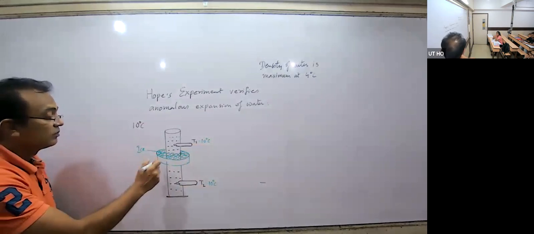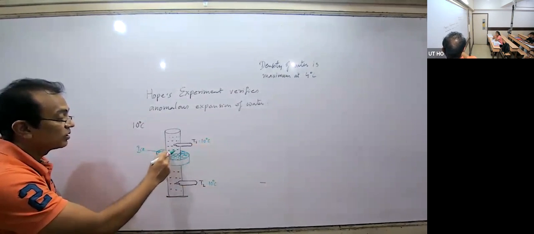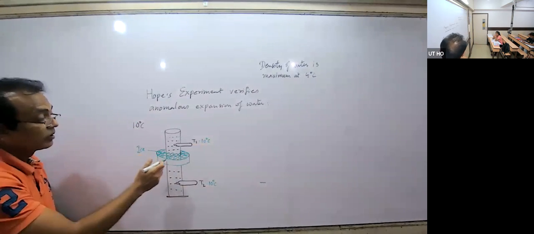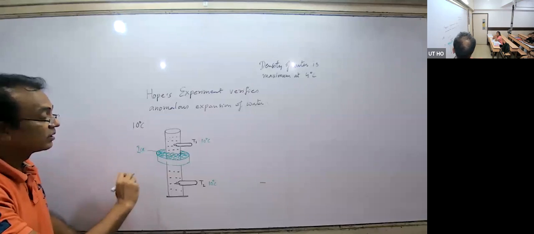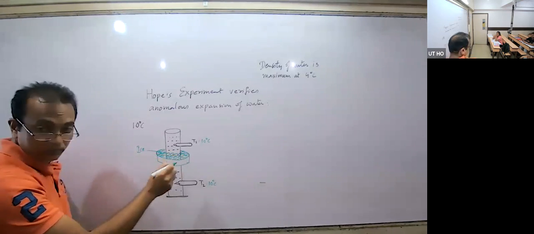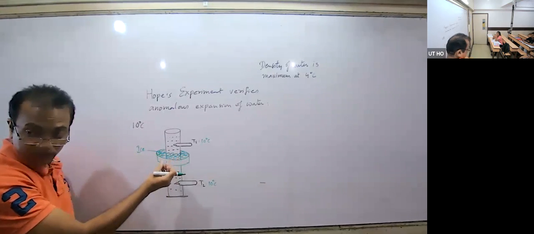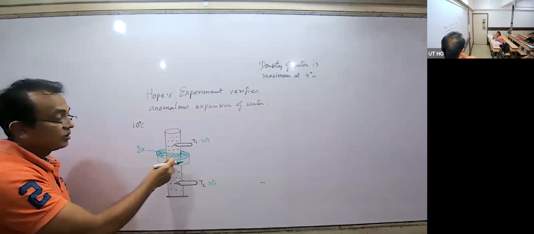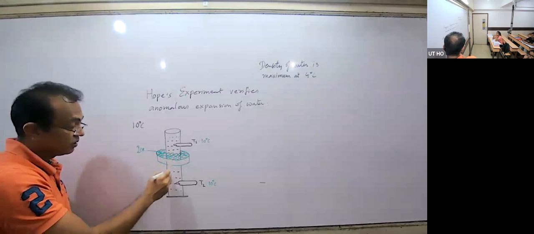Now, when ice is filled here, what happens to the water in this region? So its temperature starts decreasing, right? So when the temperature reduces, what happens to this water? It will contract, means it will become more dense. So density means it will become heavy. So this water will fall down.